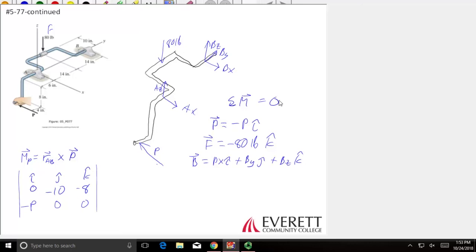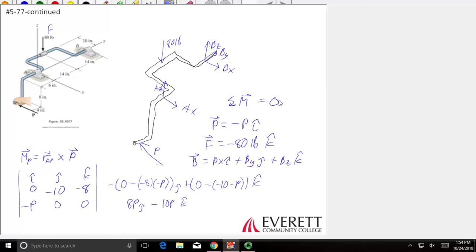For the j, it's going to be negative 0 minus, and in the k, 0 minus negative 10, negative P. Okay, so then we just solve that out, and that's going to be 4 negatives is 8Pj. 3 negatives minus 10Pk.